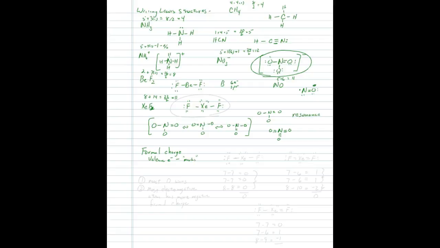A lone pair counts as 2, a bonding pair counts as 1. One of the two electrons is with it all the time. You can look at it as a dot or a dash. If you can see it, you count it. So the valence electrons minus the marks.